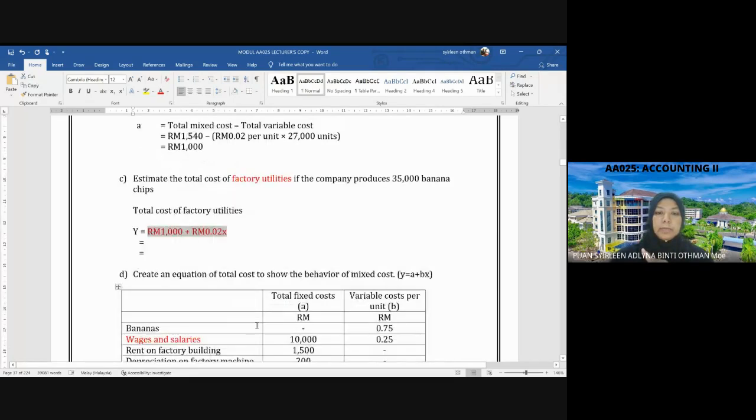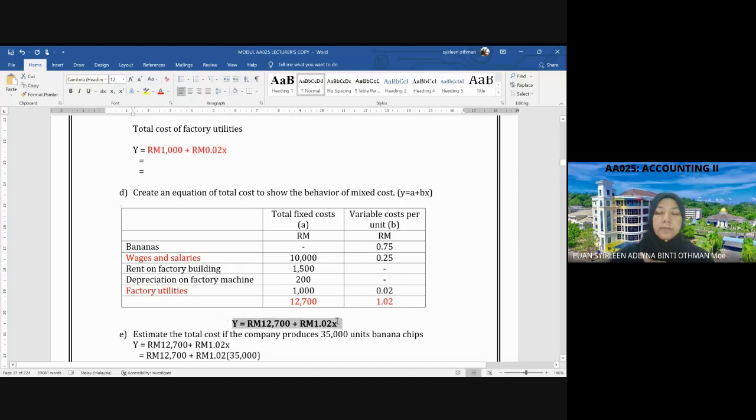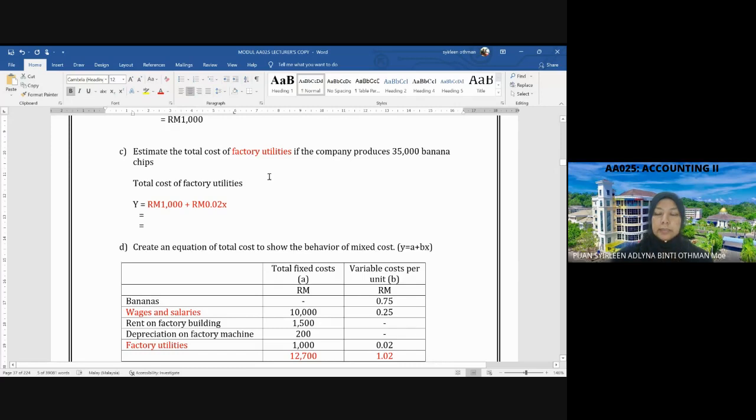Okay, ini cost function untuk one item. Tapi yang dekat bawah ni tadi ialah cost function for the whole production. Okay, so kalau madam hanya nak kira berapa factory utilities yang madam kena tanggung sekiranya I produce 35,000 of bananas. Okay, so I just guna nilai A dan B daripada segregation tadilah. So untuk C, cost untuk factory utilities tadi ialah 1,700.